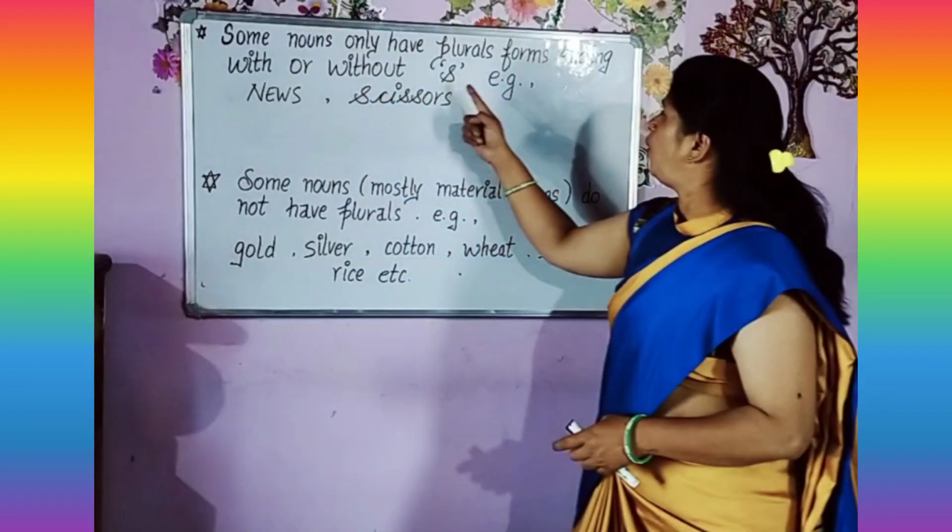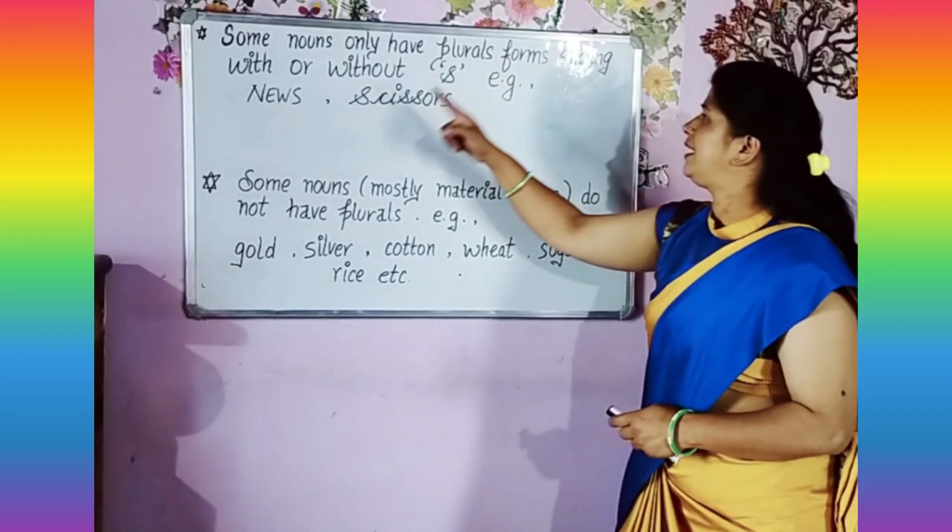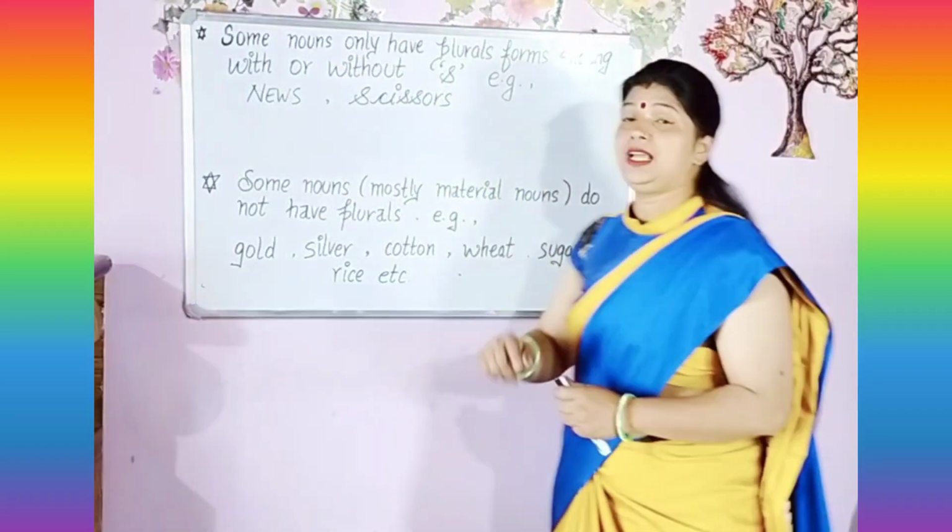My dear students, now the rule number 9 is some nouns only have plural form, ending with or without S. It means there are some nouns which have only plural form, whether we are talking about one or we are talking about many. It always has the plural form.